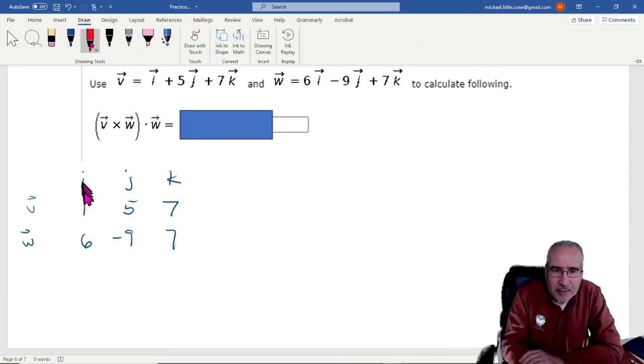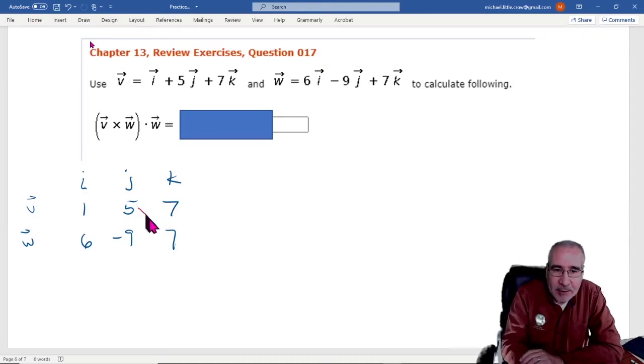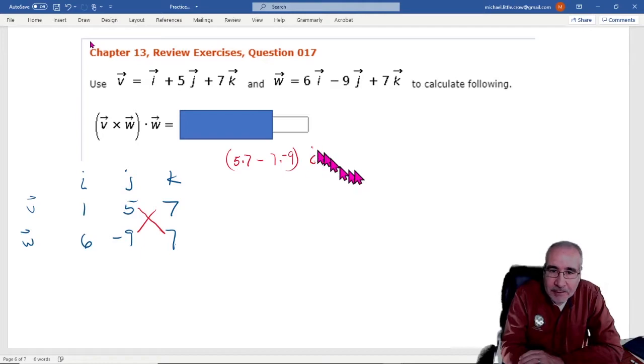Okay, again, cross product for I. We cross the j and the k, so it's 5 times 7 minus 7 times -9. I'll just write them out. That's going to be our I component. Plus the j component.